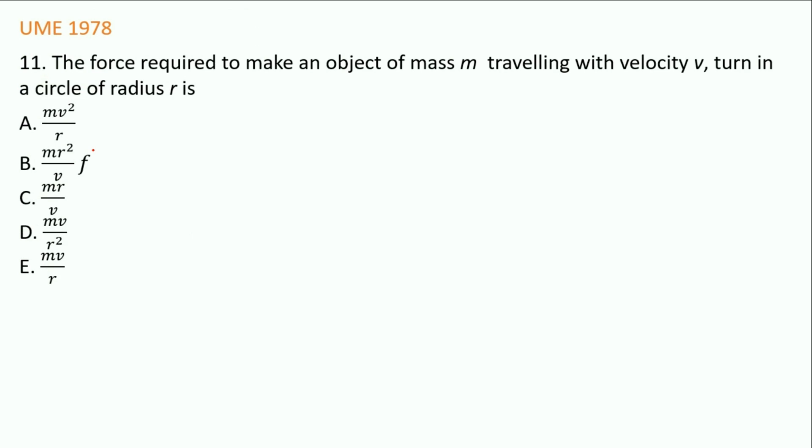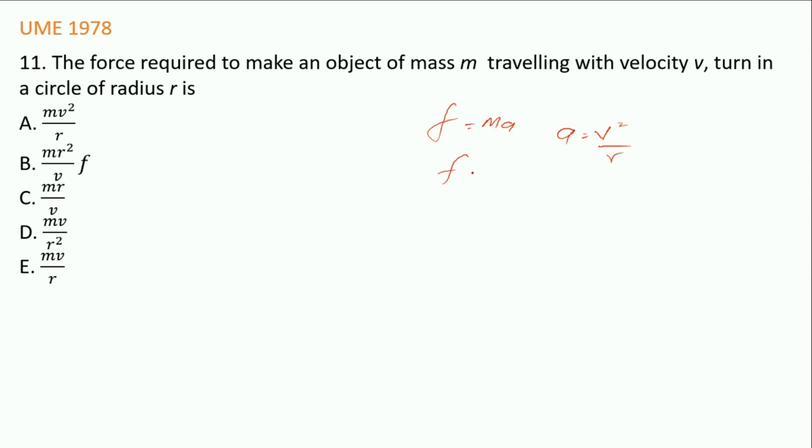The force required to make an object of mass m traveling with a velocity v turn in a circle of radius r is. Now we know that for circular motion, the centripetal force F is equal to ma, where a is the centripetal acceleration, and centripetal acceleration is equal to v squared divided by r.